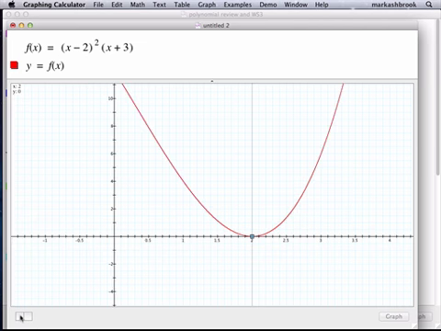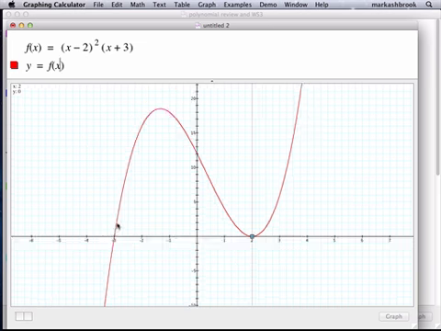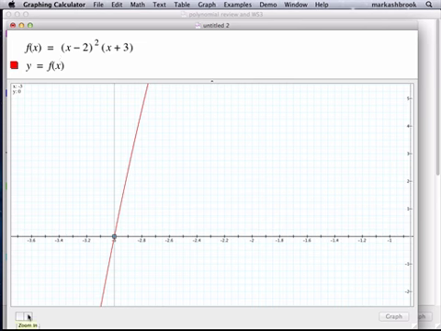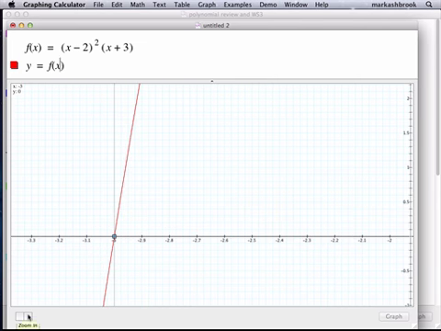Okay, what about what's going on around negative 3? So I guess I gotta drag it. Okay, near negative 3. What kind of thing is happening near negative 3?